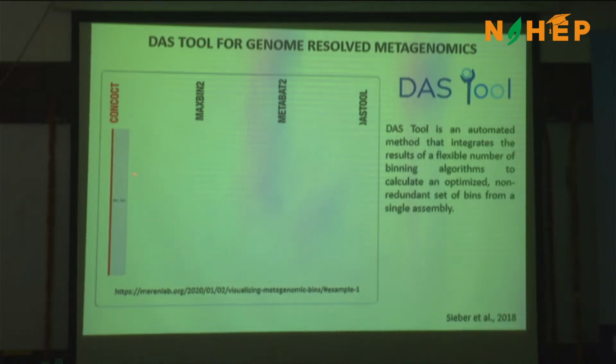So imagine that we run our metagenome and we get only one metagenome assembled genome, in this case produced by CONCOCT, this one here. Then we run another tool, MaxBin, and instead of one bin, we get one, two, and a few small ones.